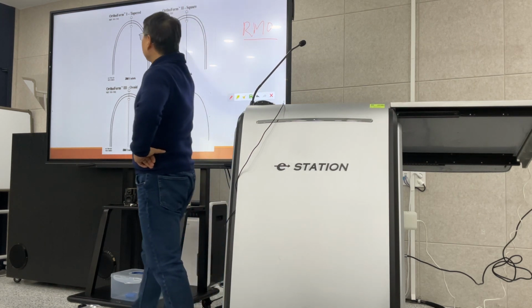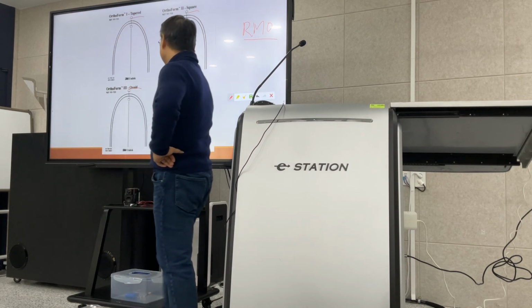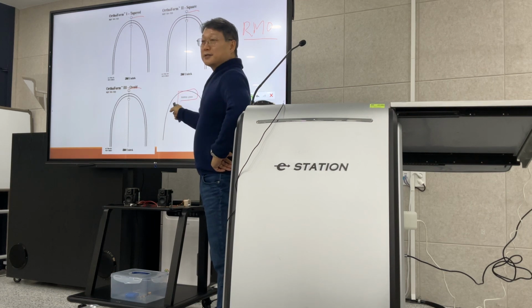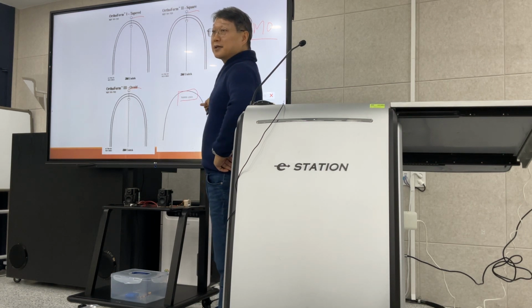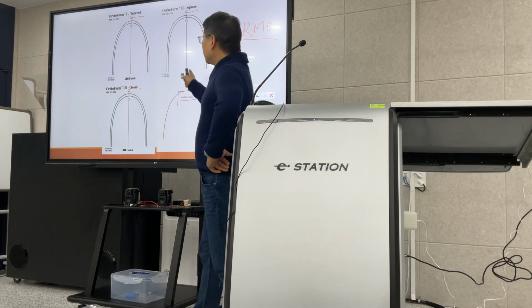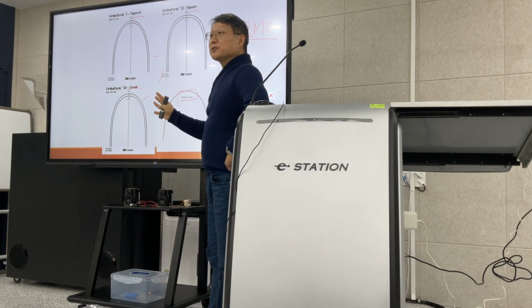There are three kinds of shapes: tapered, square, or ovoid. But in 2020, Damon company suggested another concept, Damon Arch. So my suggestion is, whenever using the wires, there are three kinds, and it depends on the nationality.